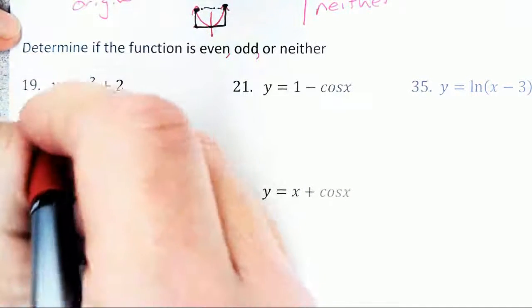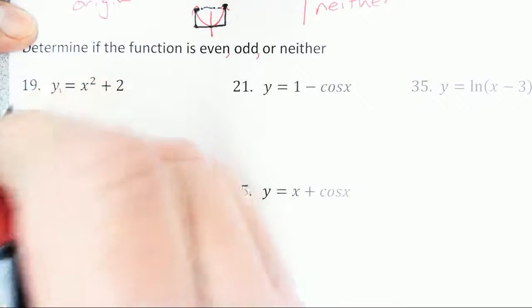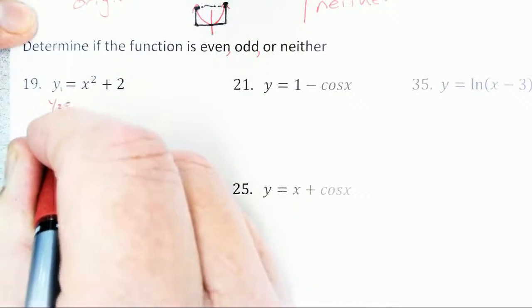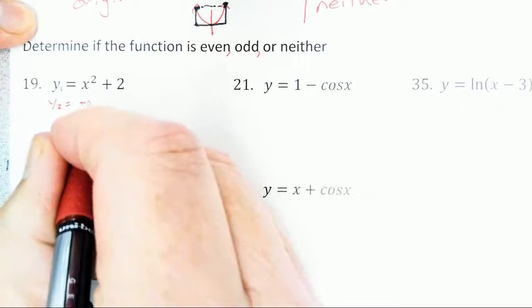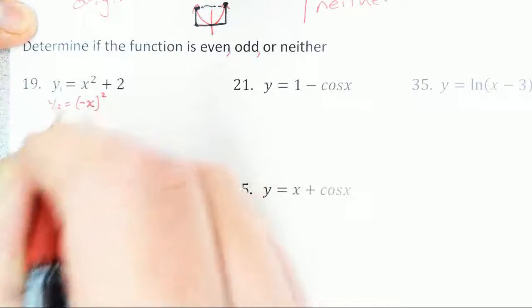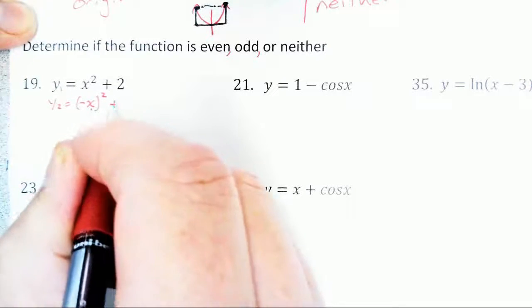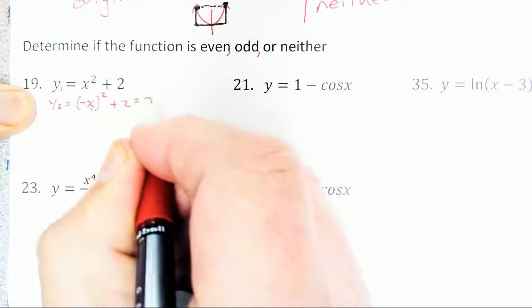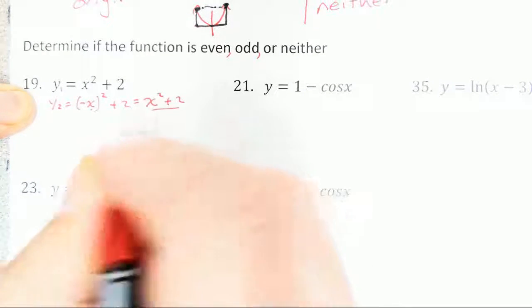Something like this. If I call, let's say y1 is equal to x squared plus 2. Let's say there's another point y2 that's equal to negative x squared plus 2. Well, real quickly we can see this can simplify into x squared plus 2.